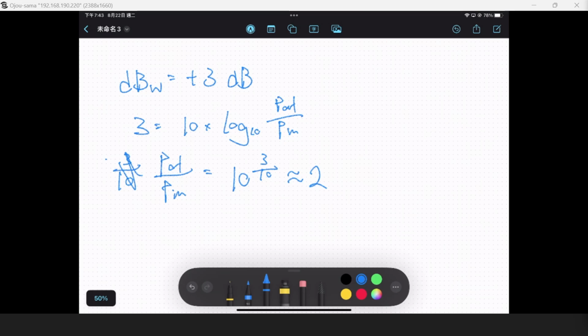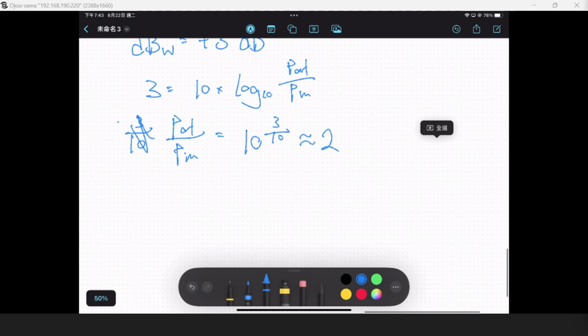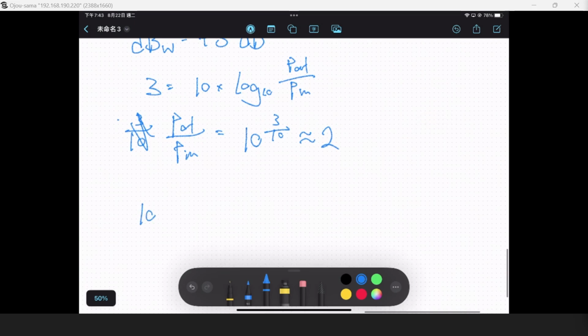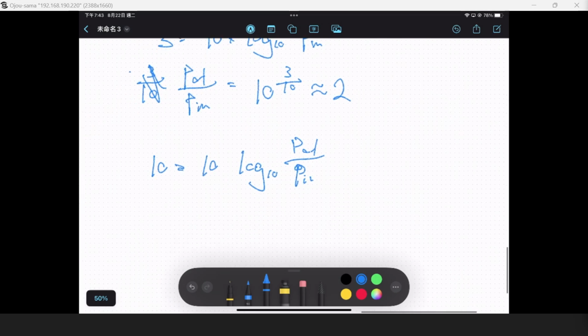Okay. Why is 10 10 times? Because by definition, if this is 10, then 10 log 10 of P out over P in, right? And 10 over 10 is 1, right? So it becomes, no, it's not log base 10. It's 1 equals log 10 of P out over P in.